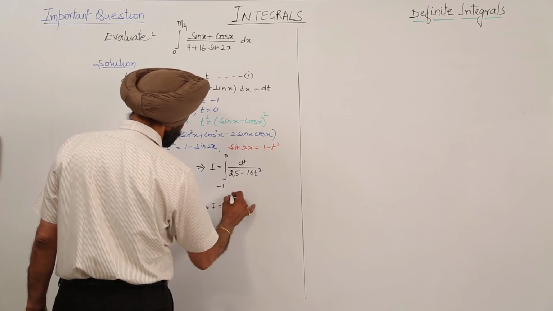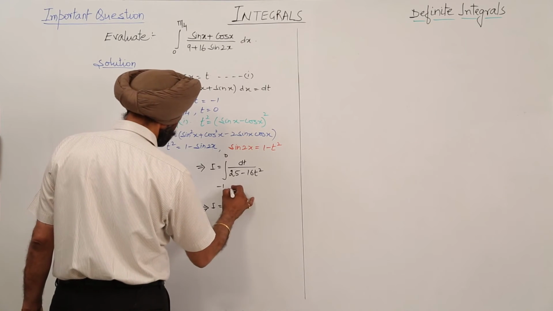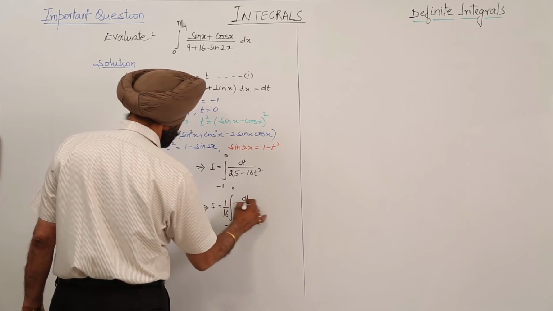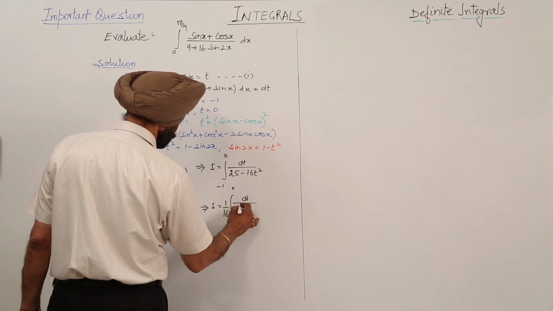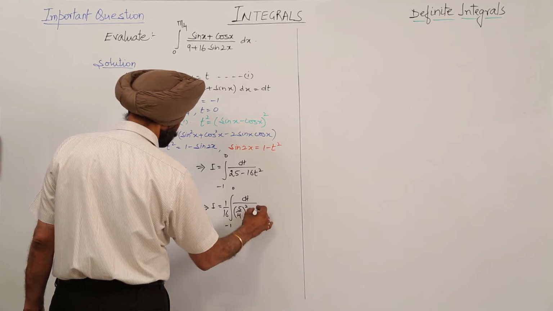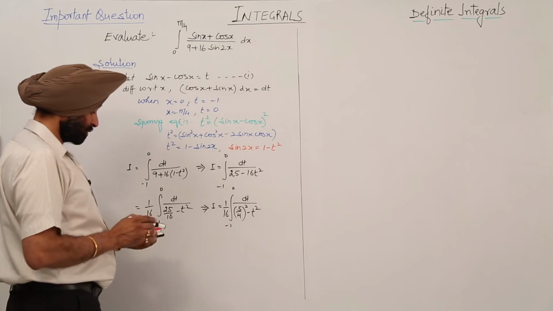One upon 16, integral from minus 1 to 0 of dt upon (5 upon 4) whole square minus t square.